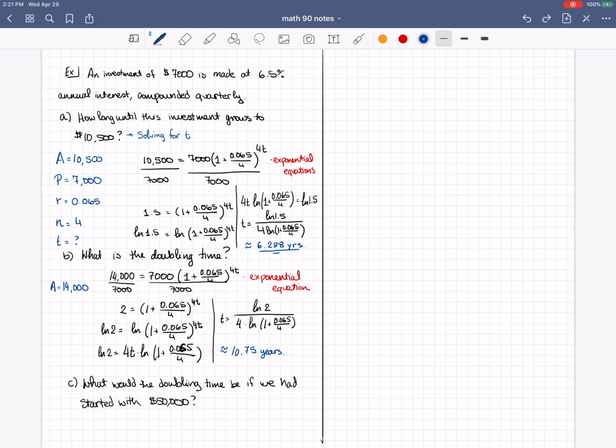So if I were to ask you the question, okay, but what about from here, from 14,000 to 17,500, so another $3,500? It would take even less than it took for the second time. So the second time it took roughly 4.5 years to grow another 3,500. For the next one, it might take just 3 years or just 2.5 years.